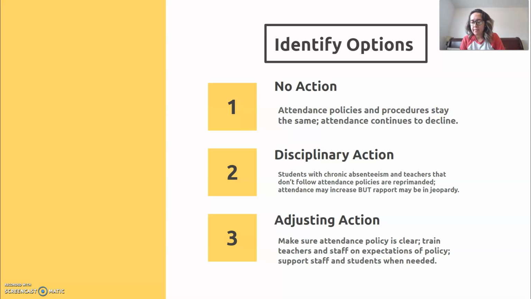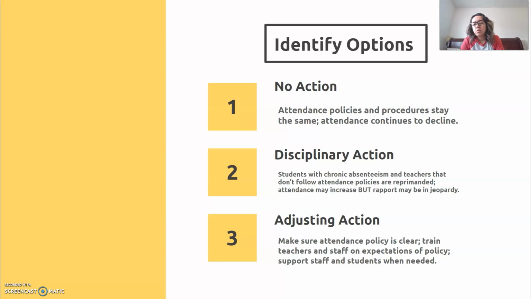So the three options that I've come up with are, first, to take no action at all, which means attendance policies and procedures would stay the same, and that probably means attendance would continue to decline. As for disciplinary action, that's my second option.